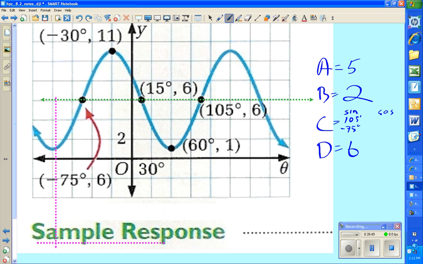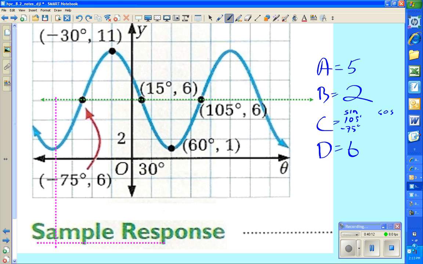You either need this point, x coordinate 105, or this point, x coordinate negative 75. Either of those works. Now, if you're going to do a cosine, you really only have one point that's given to you that you can use, but you could find another one. I just don't know why you would.